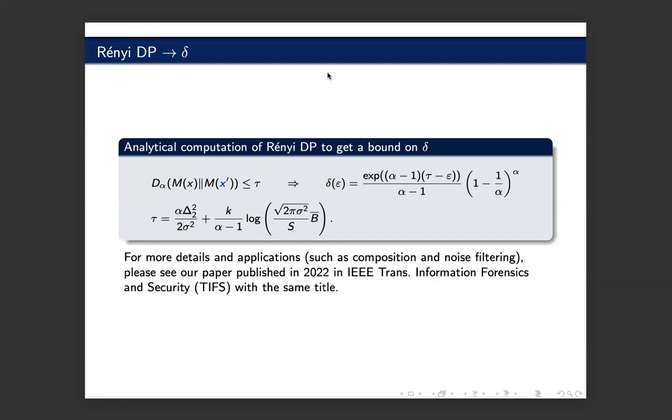Because Gaussian is very popular in gradient descent, what we showed here is that it can give you more iterations.